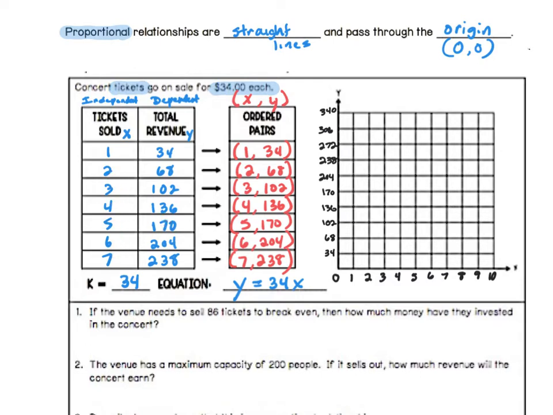Once you have your x and your y values, we're going to make ordered pairs, also known as coordinates. And this ordered pair is two numbers, but they make 1 point on the graph. So we must marry them together using parentheses so that we know that this is one thing, even though we see two numbers. So we now have our ordered pairs, which came from the x values and the y values.